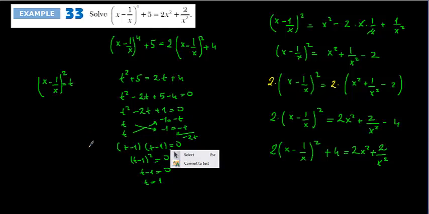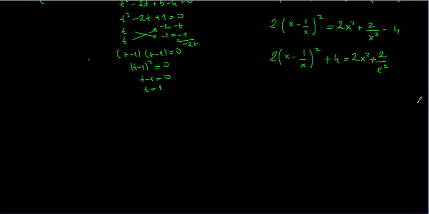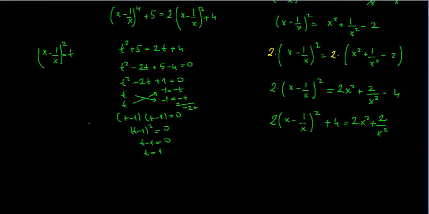Now, if t is equal to 1, it means that x minus 1 over x, here also let me show the upper part, x minus 1 over x squared, I said it's equal to 1.